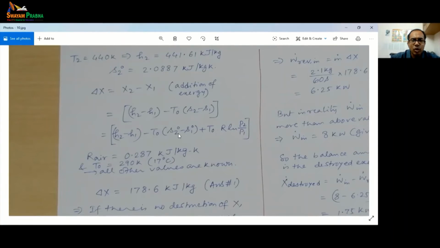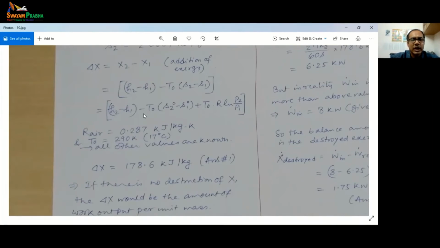But this S2 naught minus S1 naught contains only the effect of temperature difference. So what you need to include is the effect of pressure. That means T naught into R of natural log of P2 by P1. So this whole thing gives us the change in exergy.